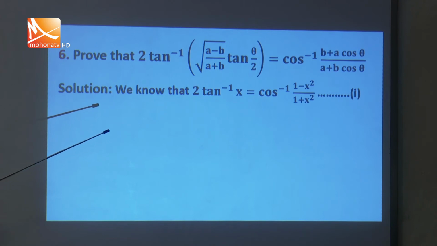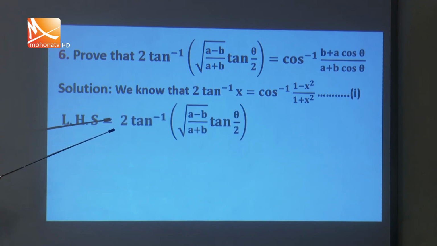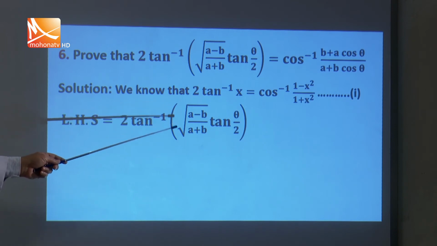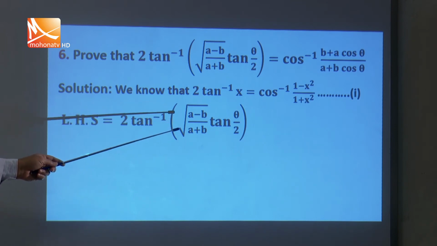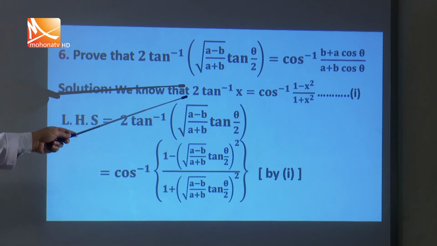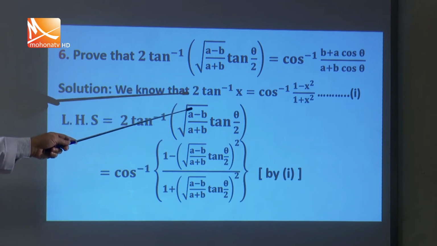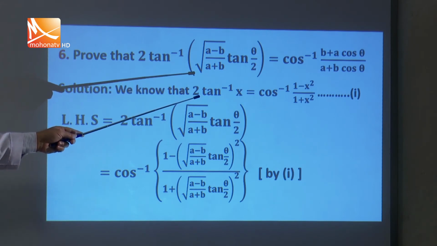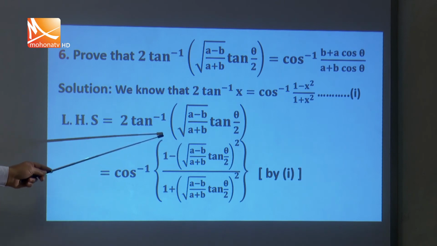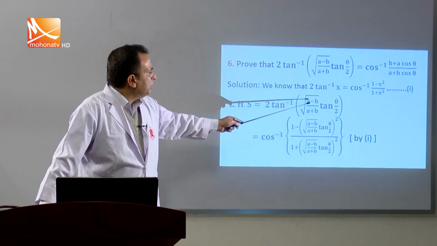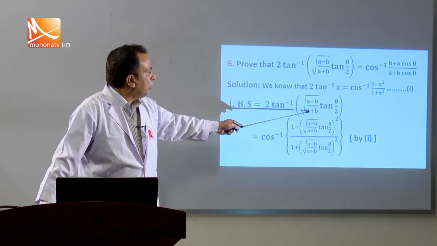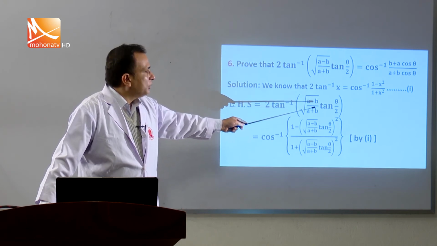You just see that the left hand side was 2 tan inverse of the square root of a minus b by a plus b into tan theta by 2. Then we are applying this formula, relation number 1, 2 tan inverse x equals cos inverse of 1 minus x square by 1 plus x square. Here what is x? x is within the first bracket, that is root of a minus b by a plus b into tan theta by 2.